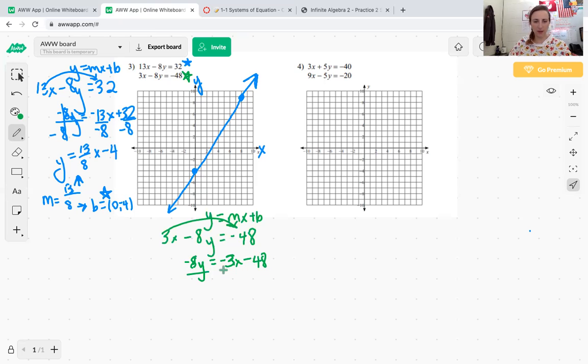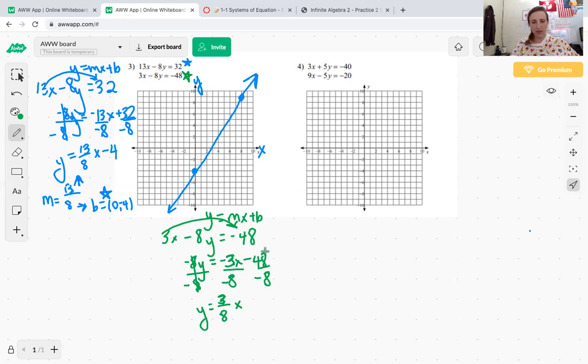Now we're going to divide everybody here by the negative 8 to get our y by itself again. So the negative 8s cancel and y equals. Once again, you want to use Desmos to check your fraction to see if it can reduce, your negative 3 over negative 8. And since it can't, two negatives make it a positive 3 over 8x.